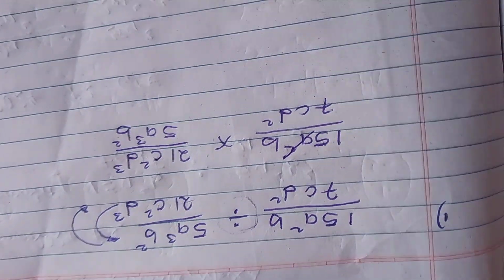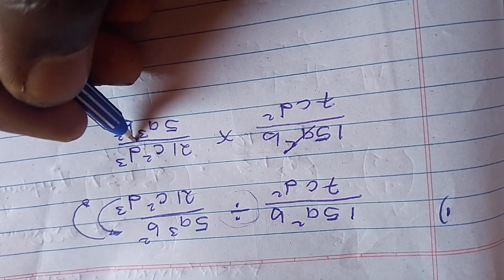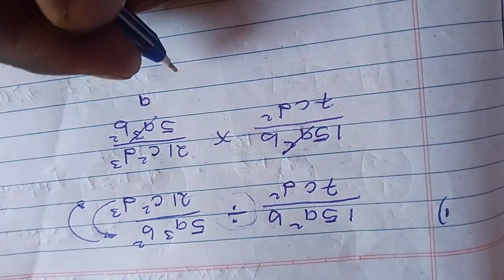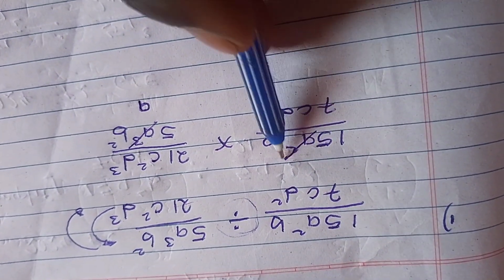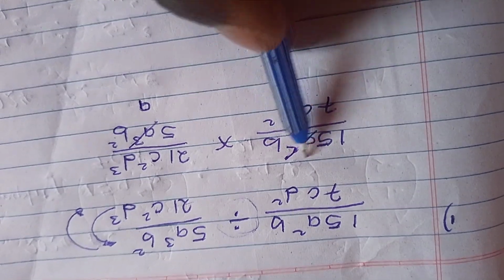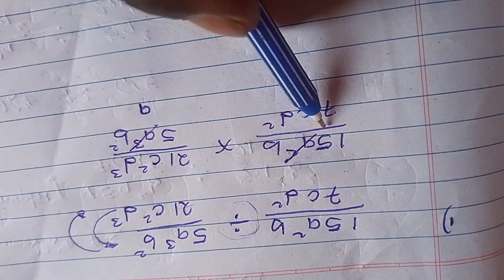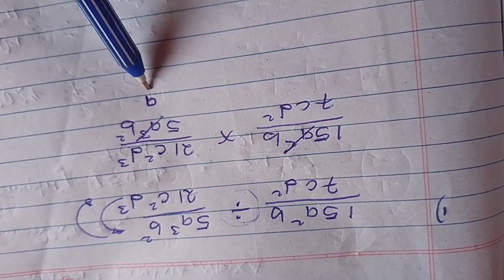So we mean to say a to the power 2 means we have 2 a's, then here we have 3 a's. So 2 a's will cancel, and cancelling 2 from the 3 will remain with 1.